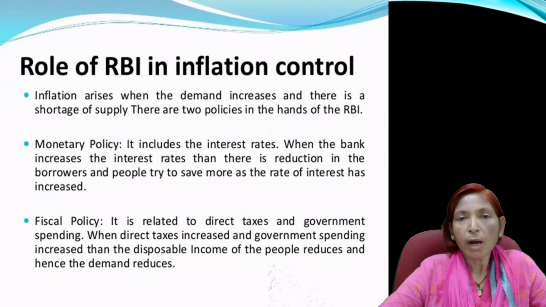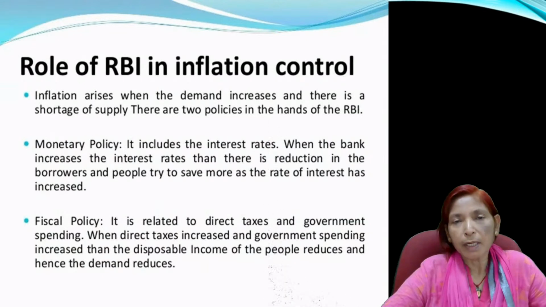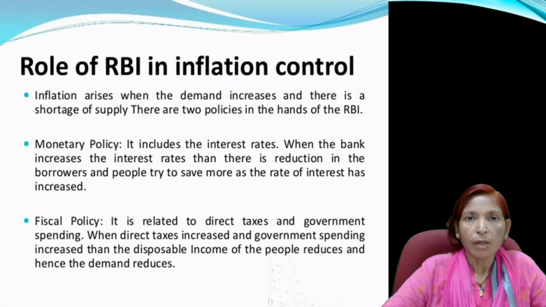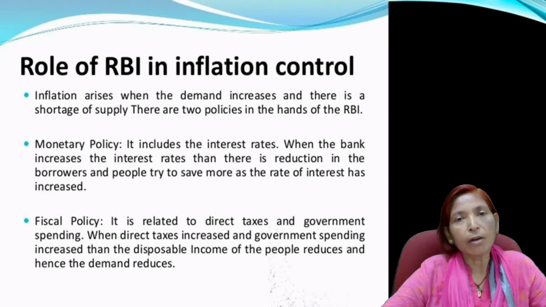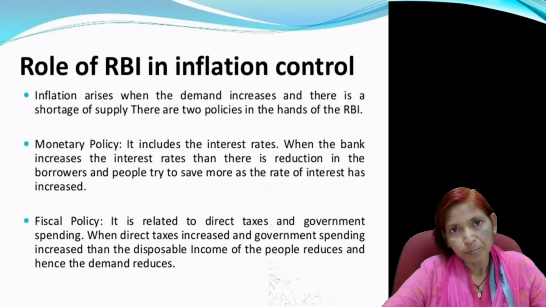RBI has monopoly power of issuing paper currency, coins, notes, etc. Only 1 rupee note is issued by Ministry of Finance, Government of India, and other paper currency, coins issued by Reserve Bank of India.